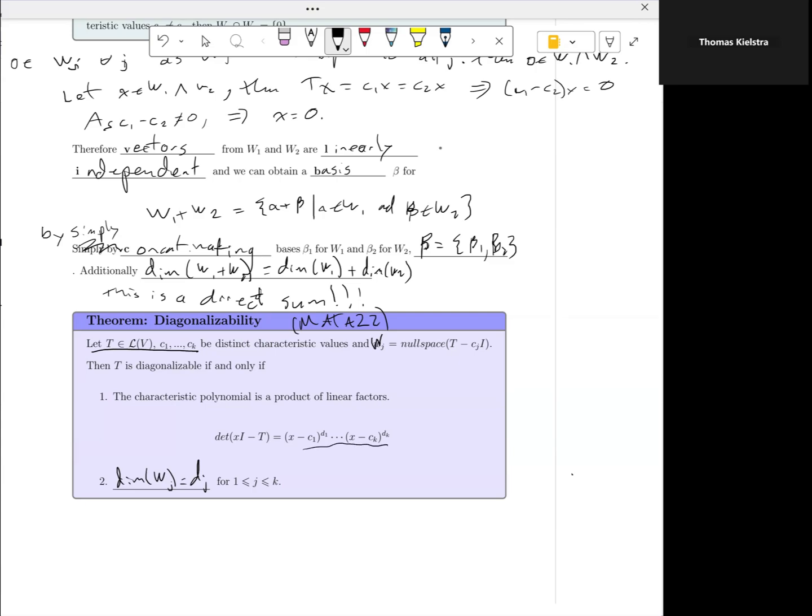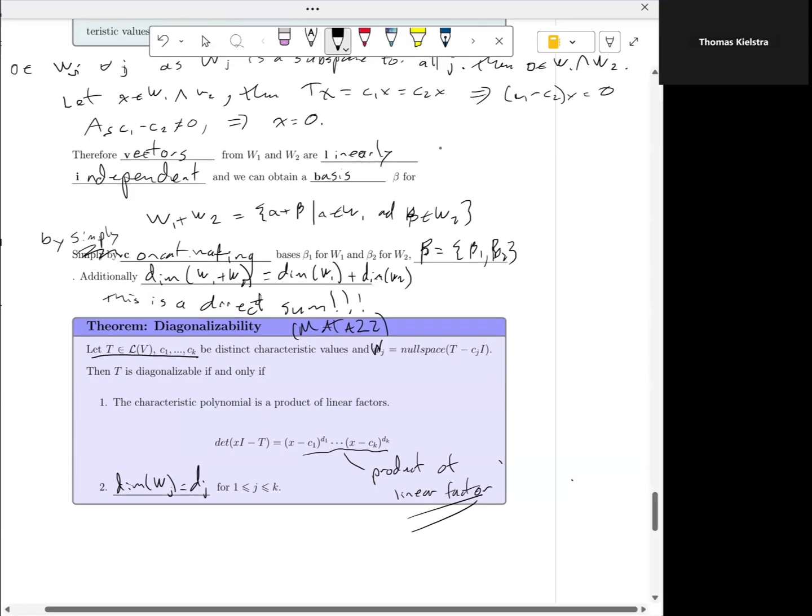Now, what's interesting here is that this is a product of linear factors.